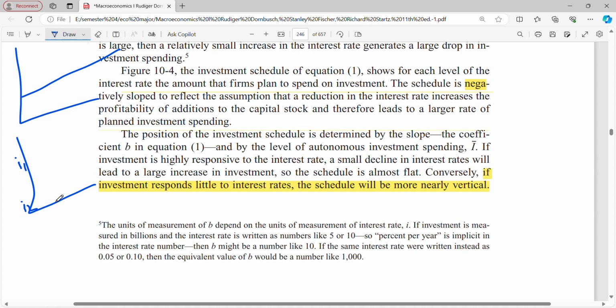But as B is less, that is, the response to the interest rate is less, the investment only increased a little bit. So that's it about B.